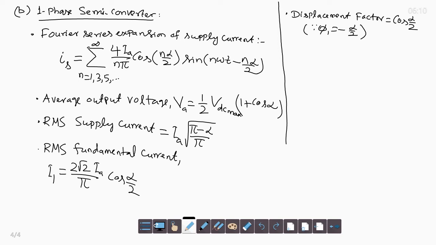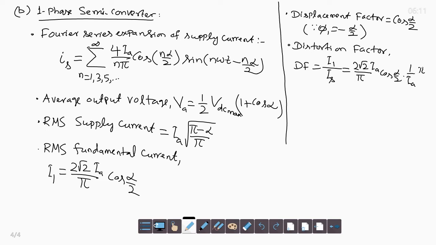What is the distortion factor? That is the RMS value of the fundamental component divided by the RMS value of the supply current, I1 by IS. So I1 is 2 into root 2 IA by pi cos alpha by 2, and 1 by IS is 1 by IA into pi divided by root over of pi minus alpha.